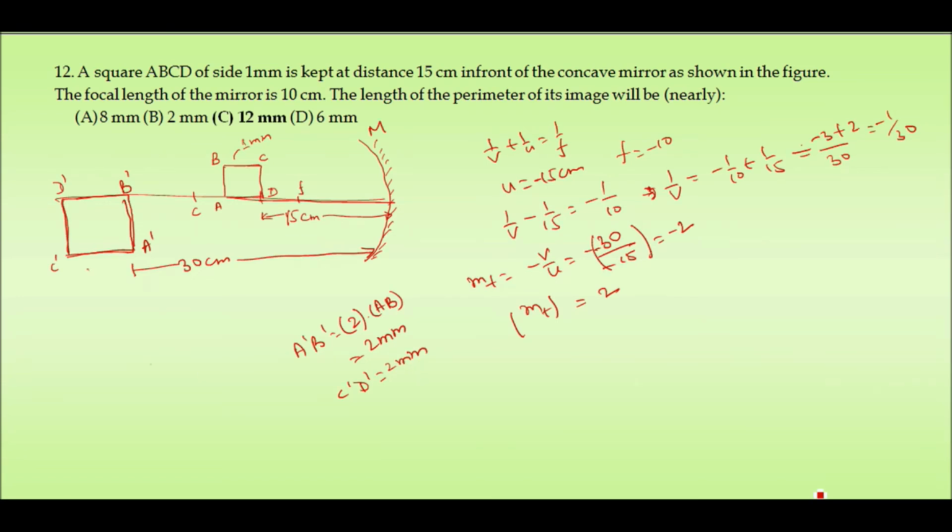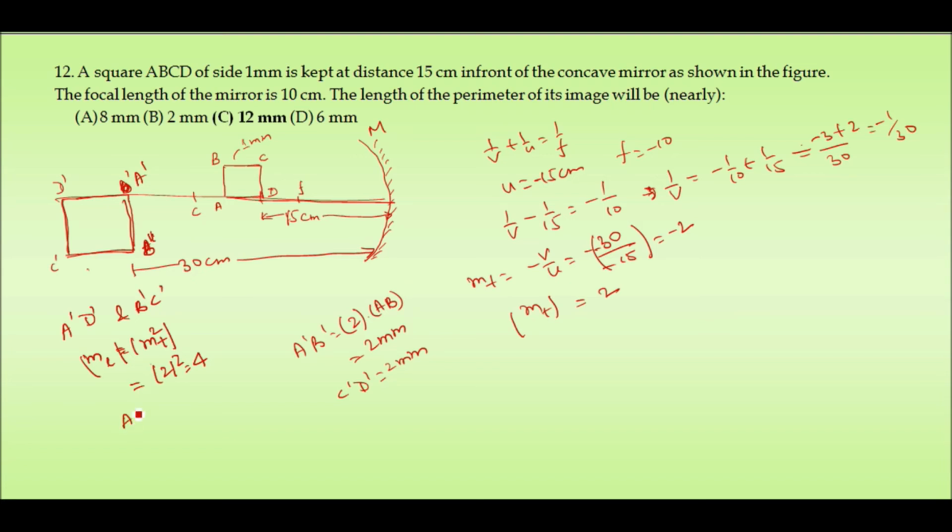Now if you see the image, it is written wrongly. It must be A dash equal to B dash, as the inverted image will form. So BA will form as A dash B dash. Now for the calculation of longitudinal magnification, that is for calculation of A dash D dash and B dash C dash, we use the concept of longitudinal magnification: the magnitude of ML is equal to the magnitude of MT square, which is equal to 2 square, that is equal to 4.